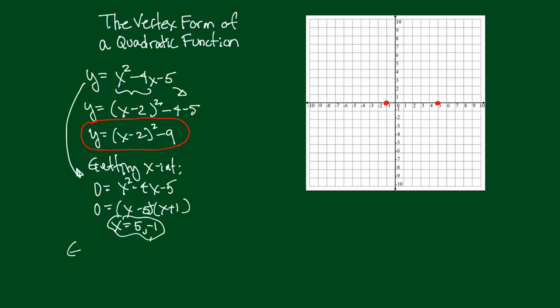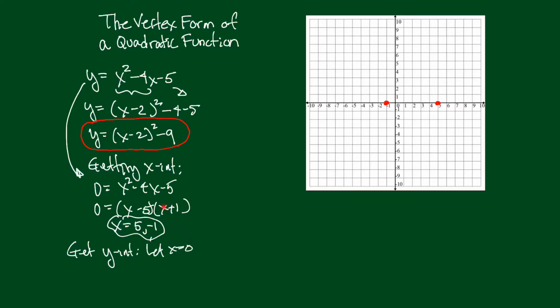Now let's get the y-intercept, and we do that by letting x equal 0, right? Because when x is 0, you're going to cross the y-axis. So let's put 0 back into these x values.